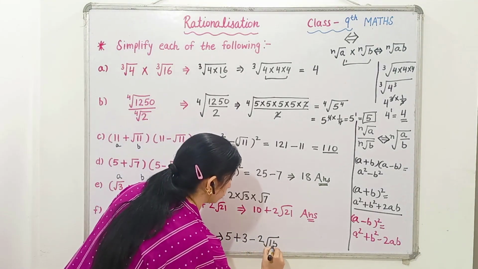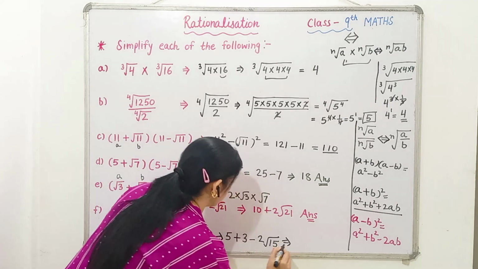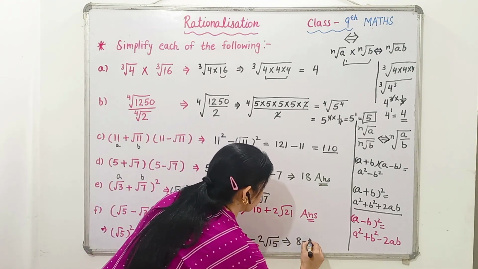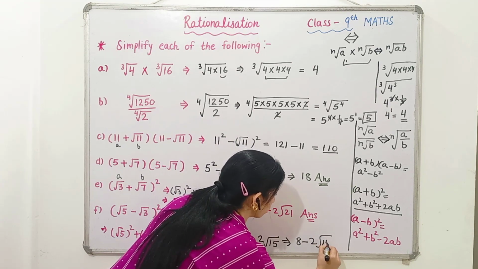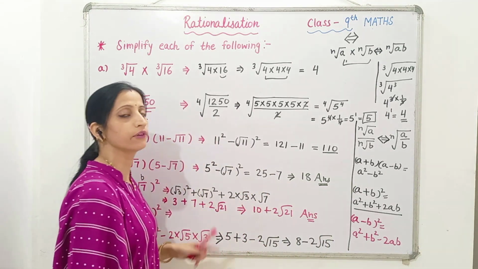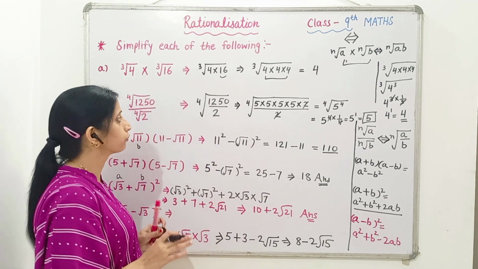We will get 15. So the answer will be 5 plus 3, 8, minus 2 root 15.